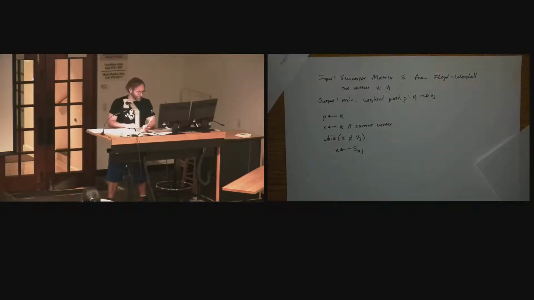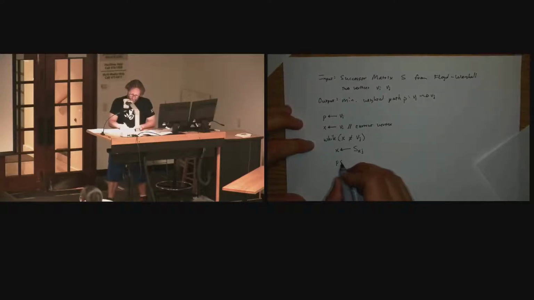Right? And you can interpret x here as being an index or whatever works for your representation. Then, as a slight abuse of notation here, hopefully you'll understand what I'm doing, I will add x to the end of the path P.